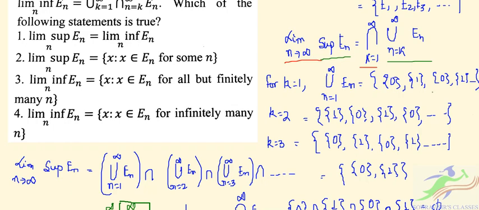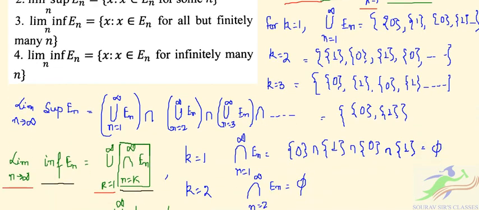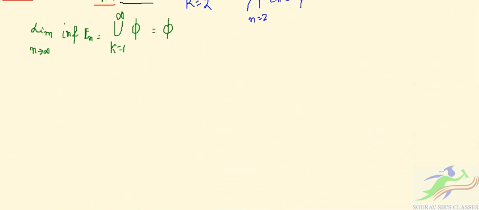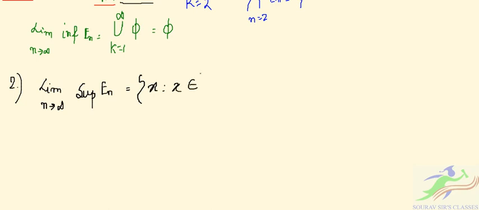So we can write, in this option number 2, the limit as n tends to infinity of the supremum of En is x belongs to the union n from 1 to infinity of En.